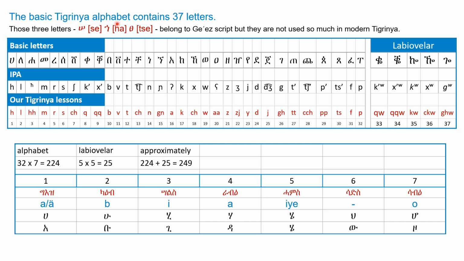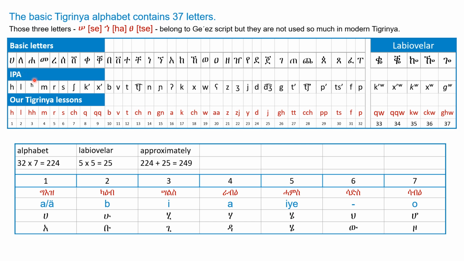The basic alphabet contains 37 letters in Tigrinya, but we have 3 more here: Se, ha, and tse. This belongs also to the Ge'ez alphabet, but in modern Tigrinya they are not so much used.